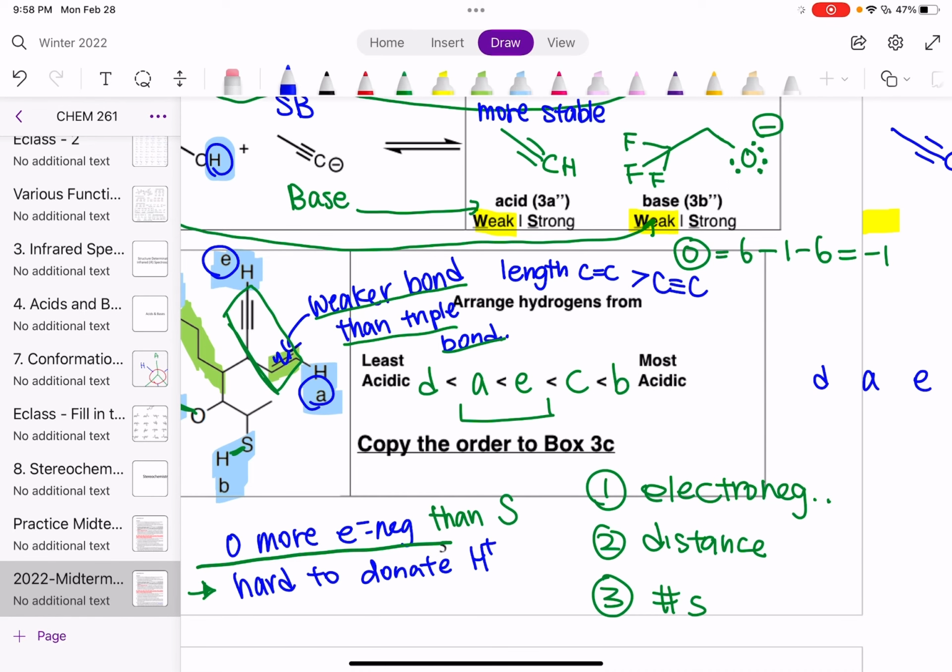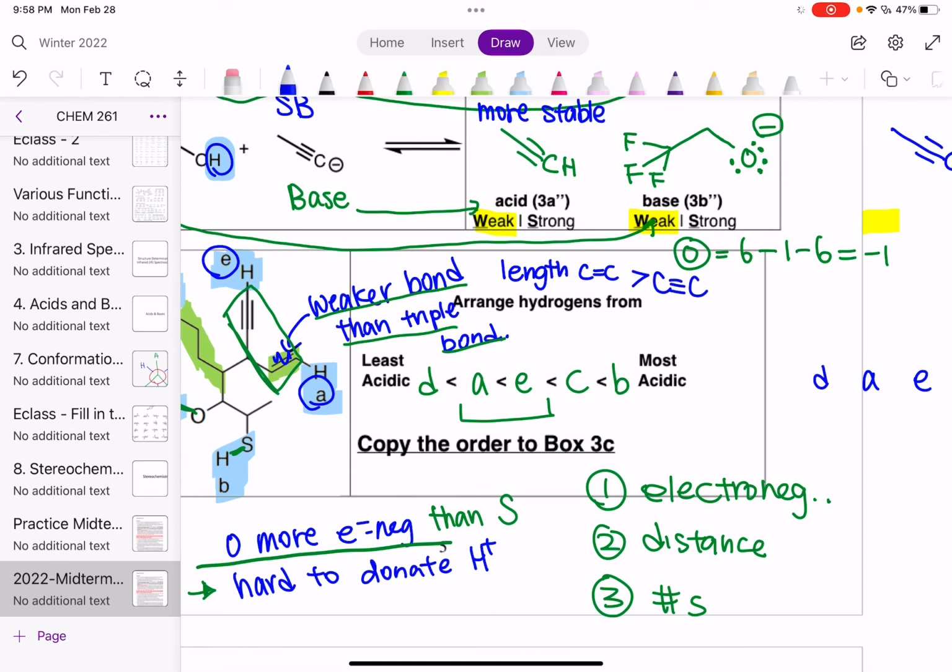Wait, no. The triple bond has a shorter length than the double bond because it's stronger.